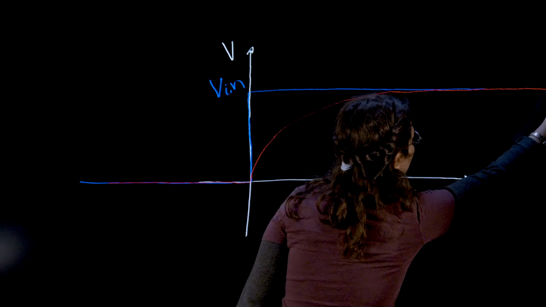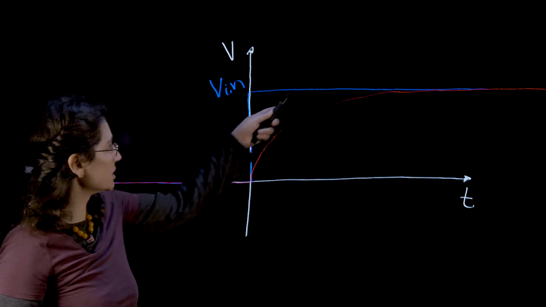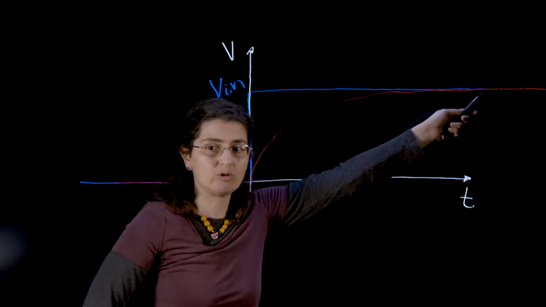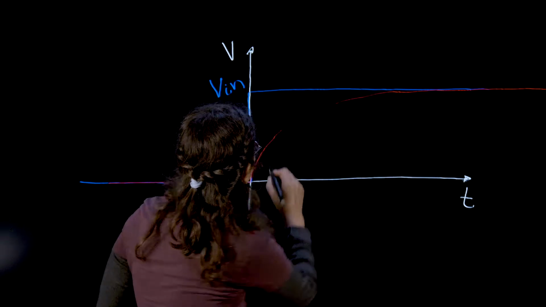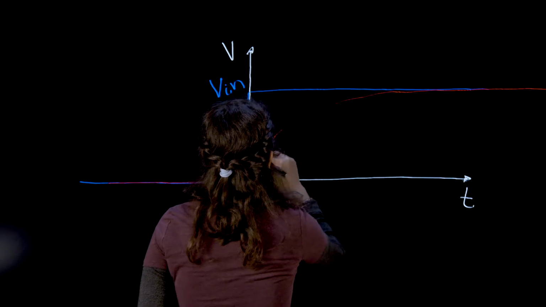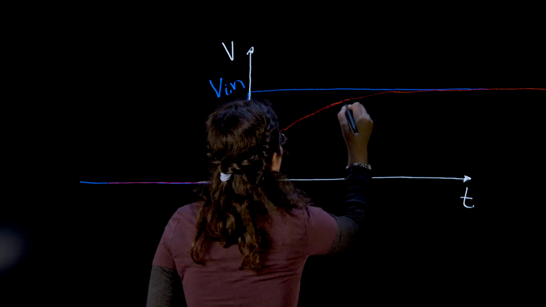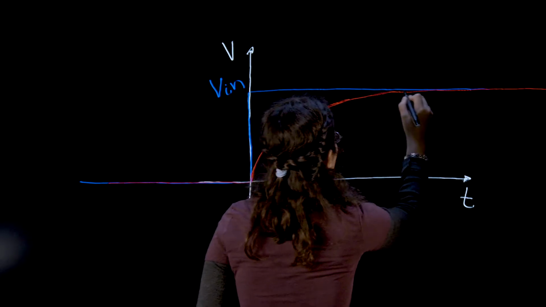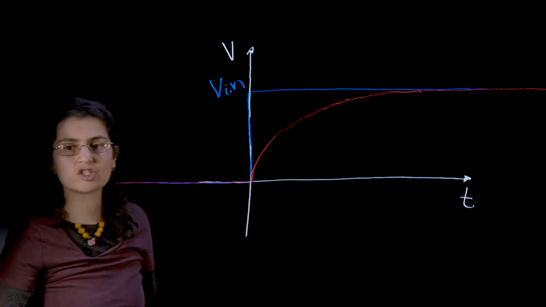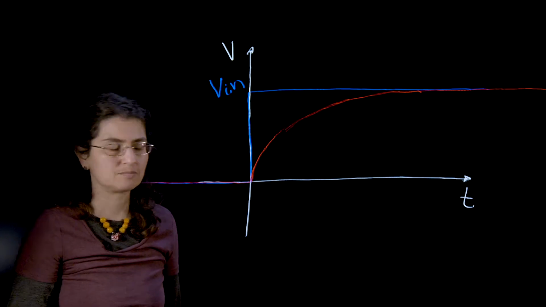Eventually, it will reach the input voltage that we had here, and it will be charged up to that voltage. It's a nice exponential curve that looks like this.